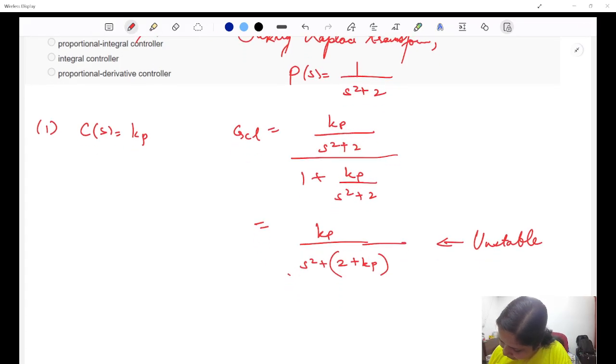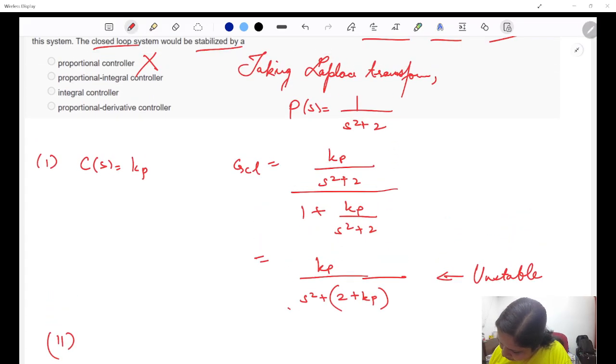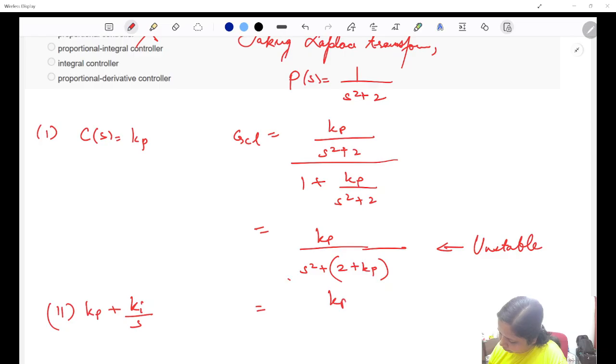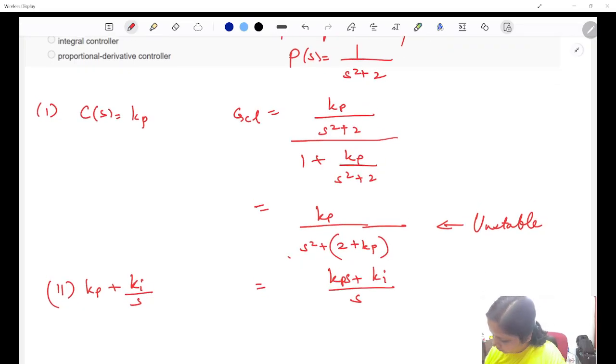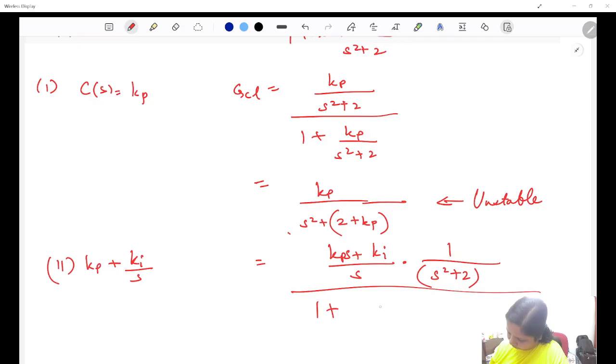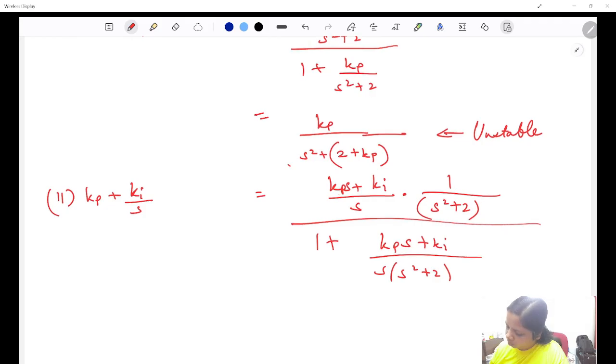Let's go for the next one, which is Kp plus Ki upon S. So it would be Kps plus Ki upon S into 1 by S square plus 2, upon 1 plus the same.